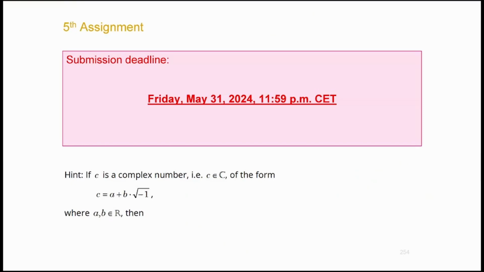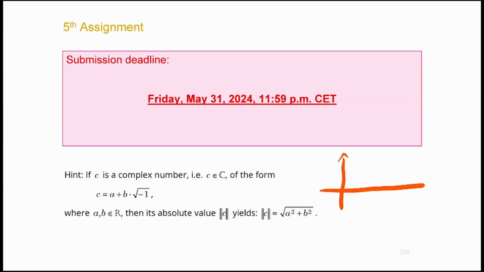Now, I would like to ask you to use the Euclidean norm when it comes to the absolute value. This is why it's called Euclidean, because you might know this from the Pythagorean theorem. The length of this line: here you have a triangle, right?